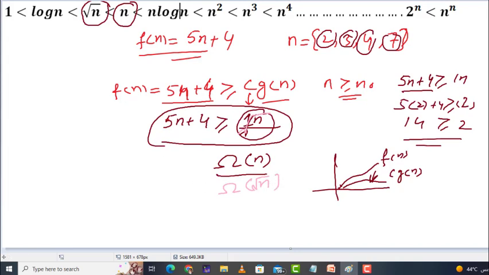So it means that this n under the root also belongs to the lower bound. If I put log n here, the condition will be again true. If I put 1 here, the condition will be true. So it means that this part, including n, belongs to the lower bound.